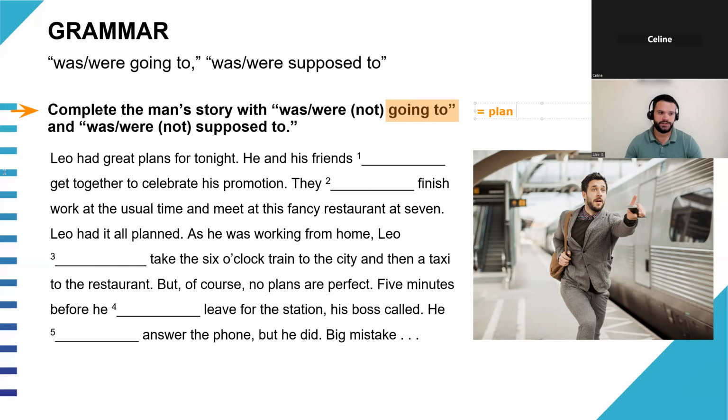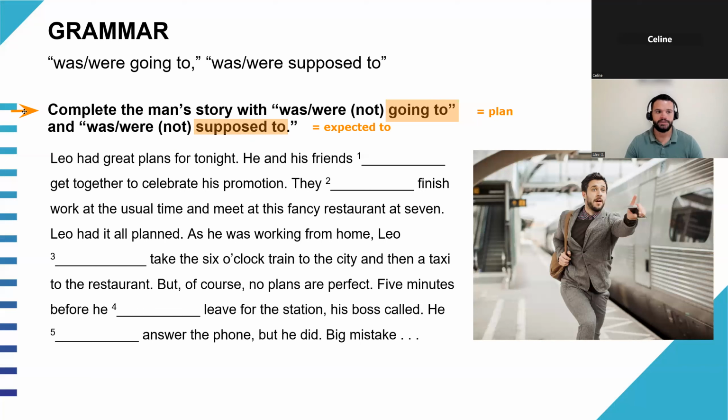And then was, were, supposed to is going to be expected to. Expected to happen, okay? So usually when we use supposed to, it's because someone else was expecting us to do something, okay?